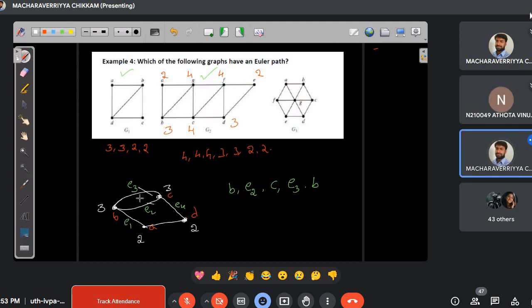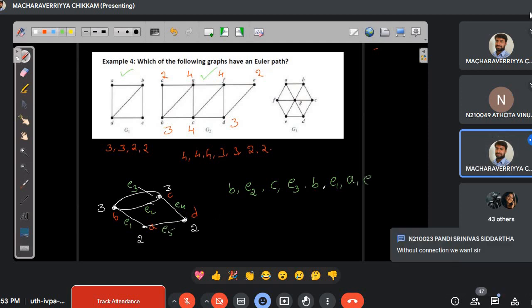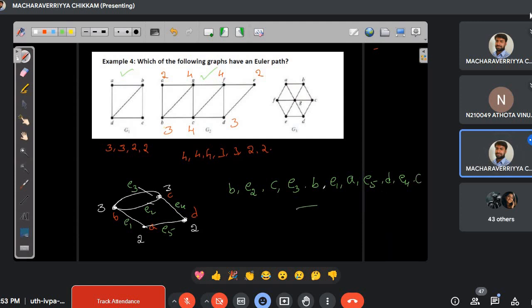Next, from B you travel on edge E1 and you come to A, and from there is edge 5. So you travel on edge 5, you come to D, and from D you travel on edge 4, you come to C. Yeah. So we got it.